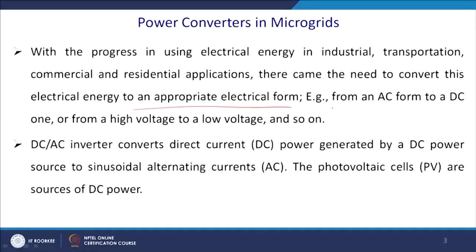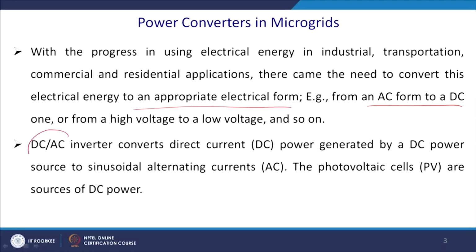If you have a local railway locomotive, then you need to rectify from the 11 kV line. So for this reason you may have AC to DC, or from high voltage to low voltage and so on.